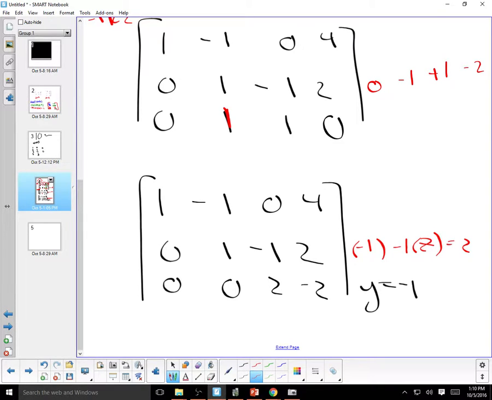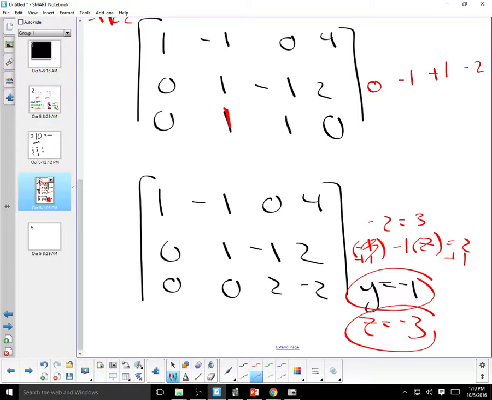That's a -1. Add 1 to both sides. So -z is equal to 3. So z is equal to -3. Take those two answers, plug them up here into the last one, and get your x value out.